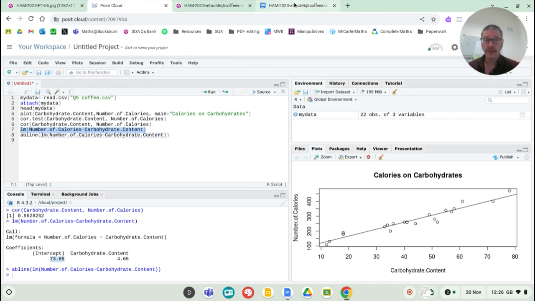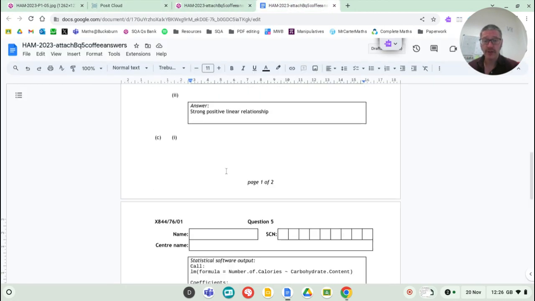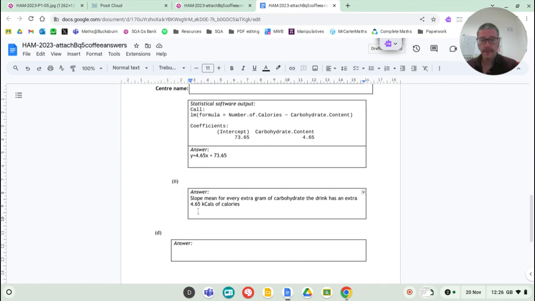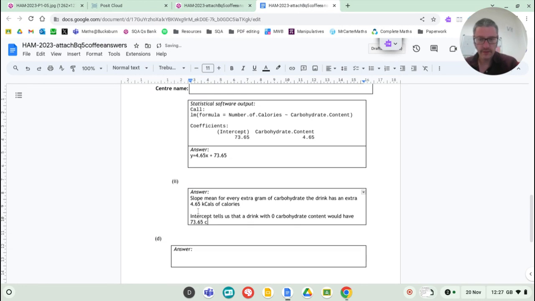So we can say that when carbohydrate content is 0, the intercept tells us that a drink with 0 carbohydrate content would have 73.65 kcal of calories.